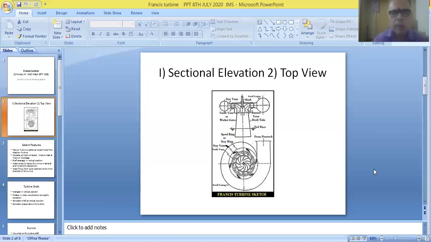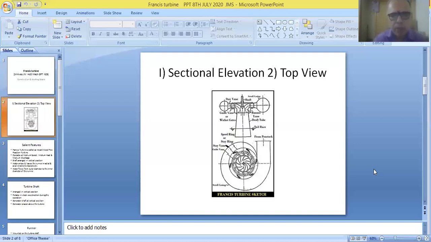Now, secondly, a fixed wheel is put around the periphery of the runner, that is called the guide wheel, and a number of fixed blades are put around the periphery of the guide wheel. They are called guide blades.